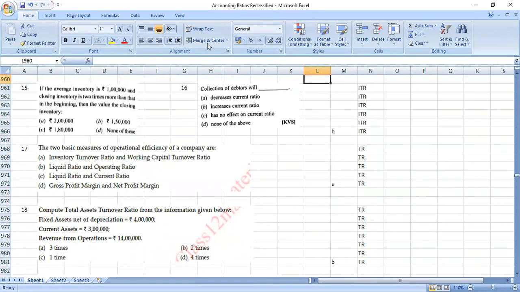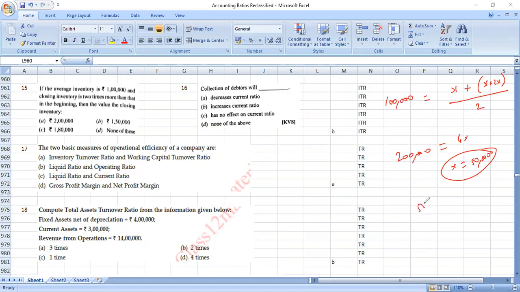If average inventory is 1 lakh and closing inventory is 2 times more than that in the beginning, value of average inventory is 1 lakh. Let us take opening inventory as X. Then closing inventory will be 2 times more, so X plus 2X, divided by 2, so 2 lakhs is equal to 4X, X is equal to 50,000.